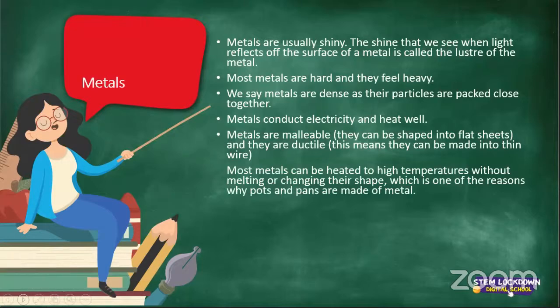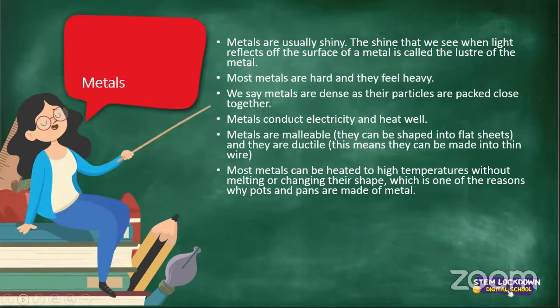Now, most metals can be heated to high temperatures without melting or changing their shape. When we heat metals, we heat them at a very high temperature, because they won't really melt if you heat them at a low temperature. So you heat it at a high temperature, and when it's heated, it changes its shape. That is one of the reasons why pots and pans are made out of metal.